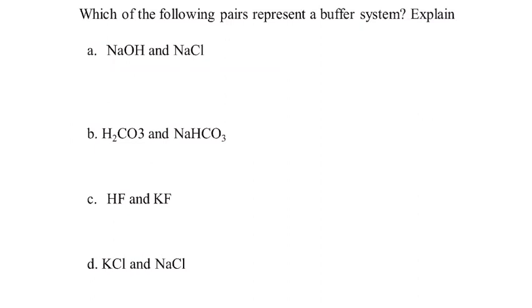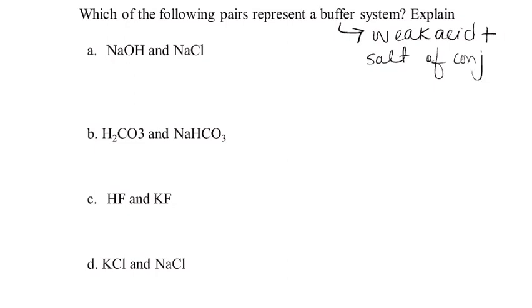From our knowledge of acids and bases, we need to identify that, remember that for a buffer system, what we're looking for is a weak acid paired with the salt of its conjugate base.